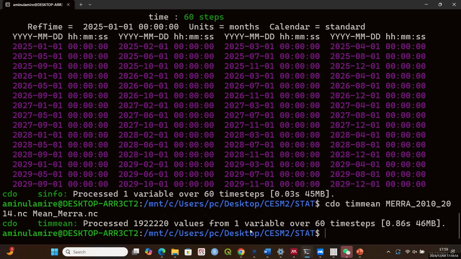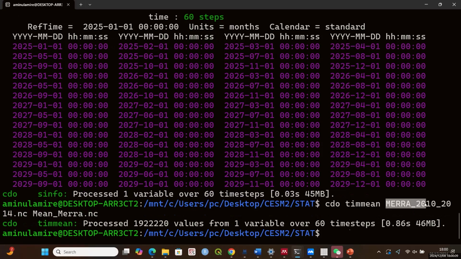So I have calculated the mean. If your data is very big and your processor is very slow, it will take some time, and it shows the percentage of what it is doing. But this is very fast.